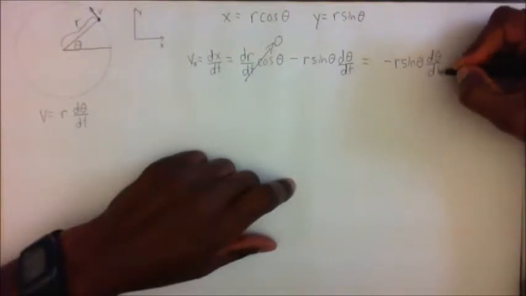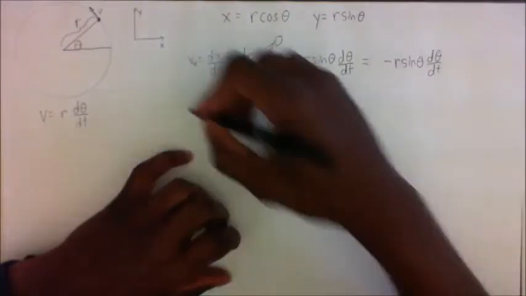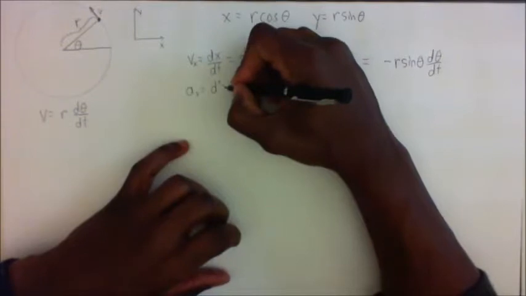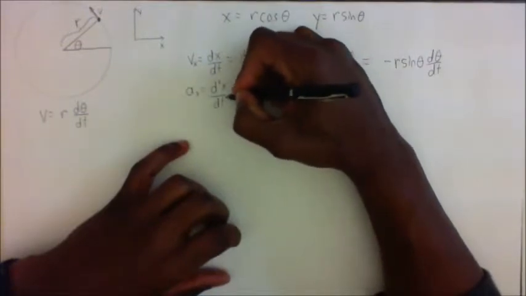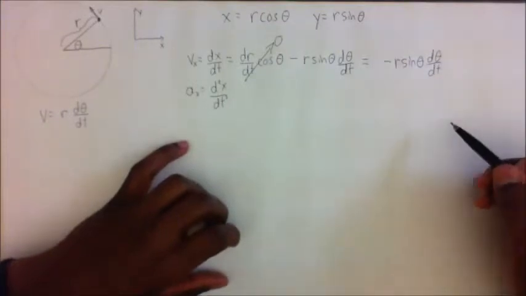Now to find the acceleration in the x direction, it's going to be d squared x over dt squared. I'm basically taking this and differentiating it again with respect to time.